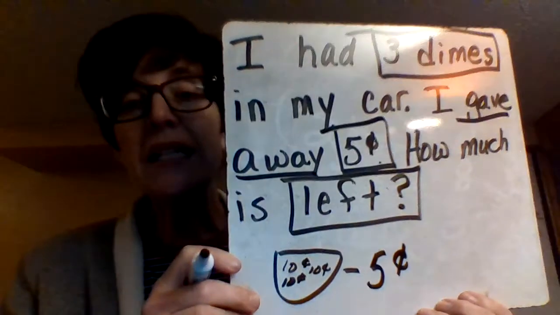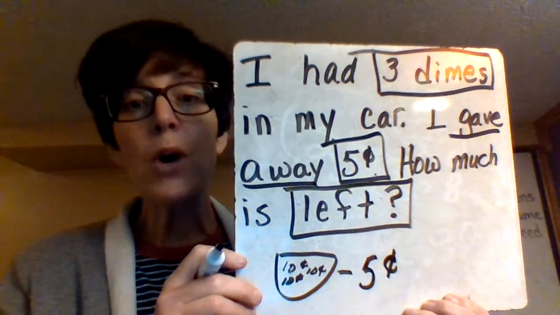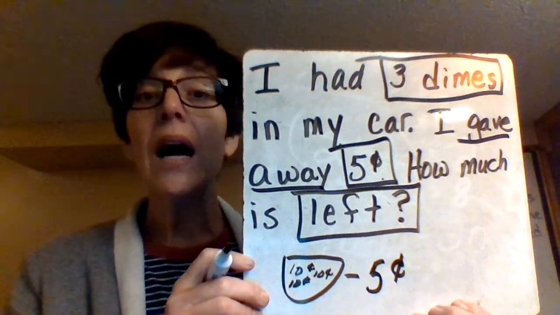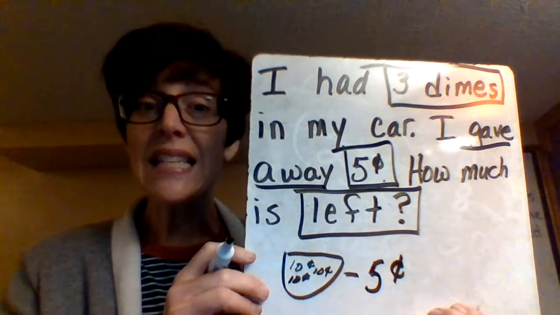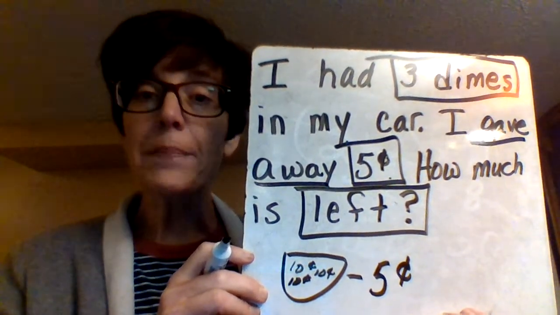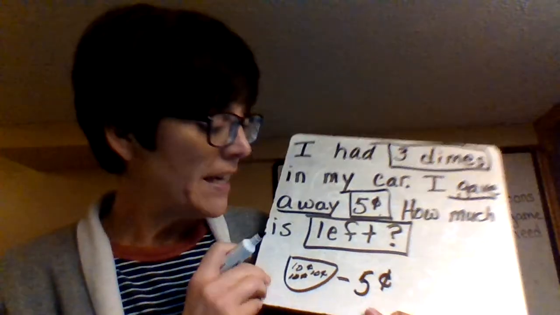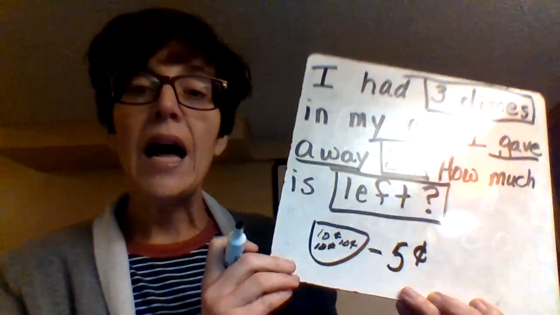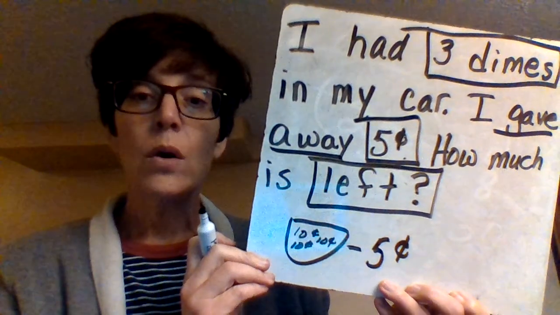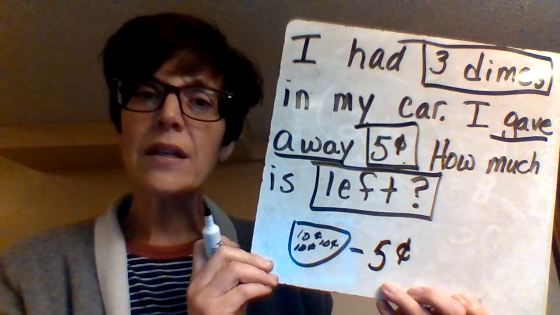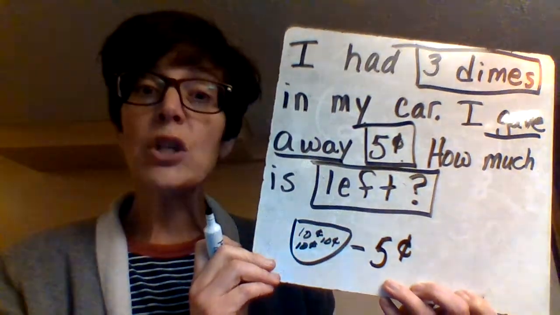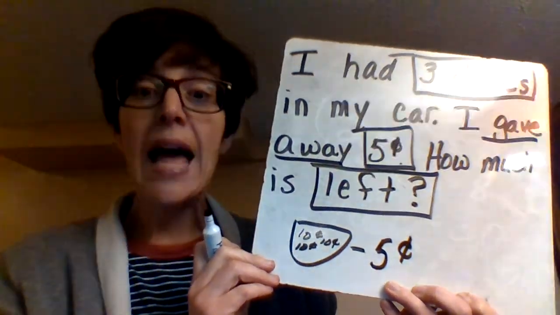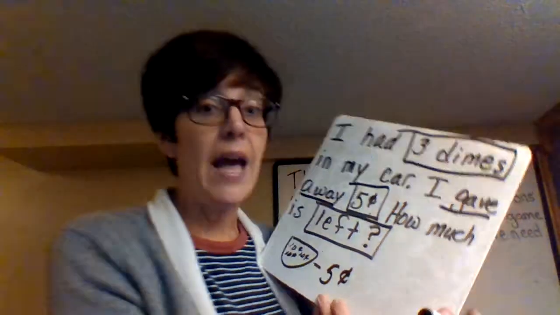So just like we did on Monday, though, I have a 2-step problem here. Subtracting is the second step. What's the first step? First, I need to find out what the total value of these dimes would be. What am I going to do to find that out? I could do that one of 2 ways. I could add 10 plus 10 plus 10.